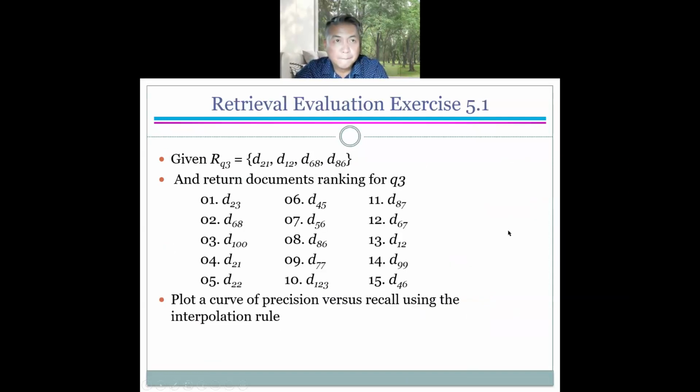Okay, any question? No question. Can you type number 3 if you are okay?